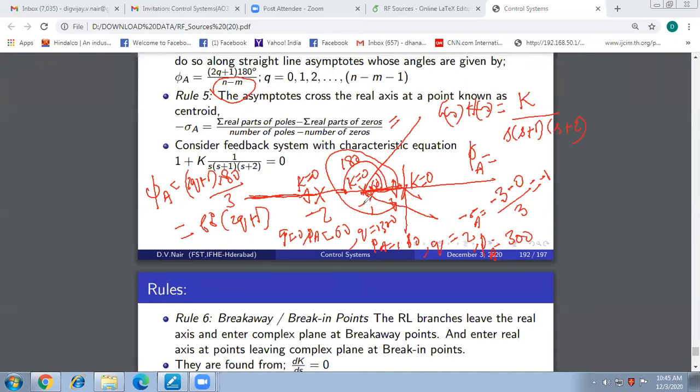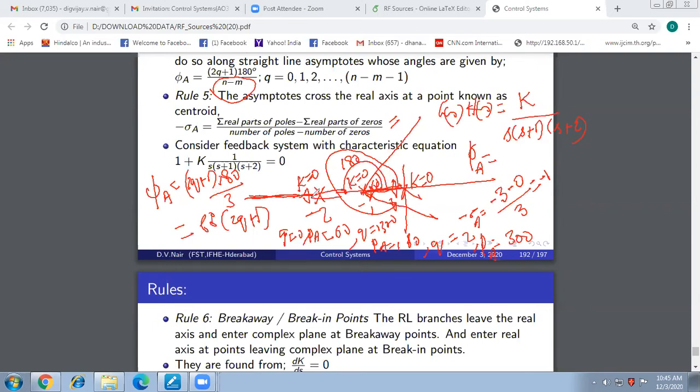Now, what does rule number 5 tell? It tells that the number of branches that terminate at infinity do so along the three asymptotes. So one branch is already moving along the 180 degree asymptote.